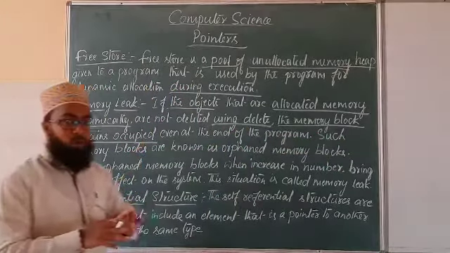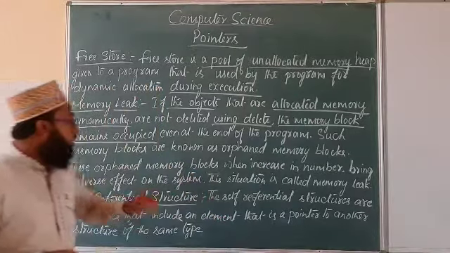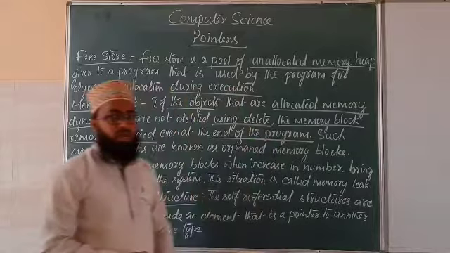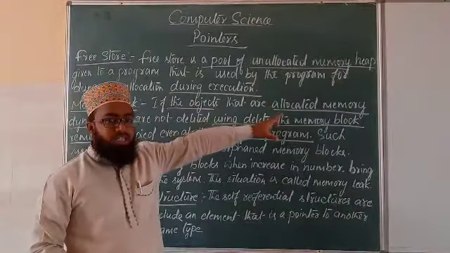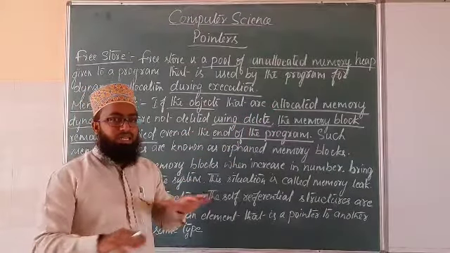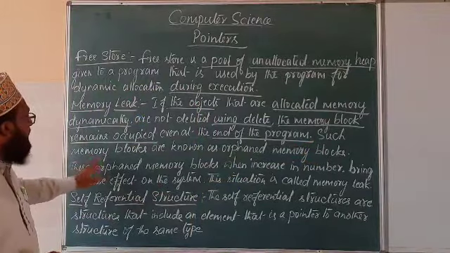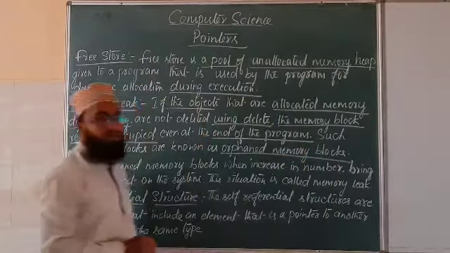So the memory block remains occupied, which means the memory block is not becoming free. Even at the end of the program, the objects which are allocated dynamically are not deleted. In this situation, such memory blocks are known as orphaned memory blocks.